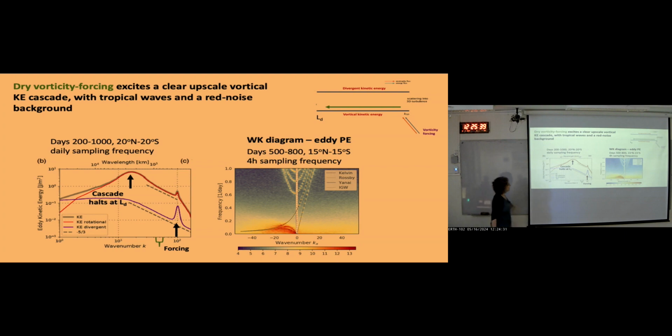Okay, so what you see here, this is now the zonal wave number. Sorry, the total wave number. Here it's the zonal wave number. And this is the eddy kinetic energy. In red is the rotational kinetic energy. In blue is the divergent kinetic energy. And the gray is the sum of both. And this is the forcing scale.